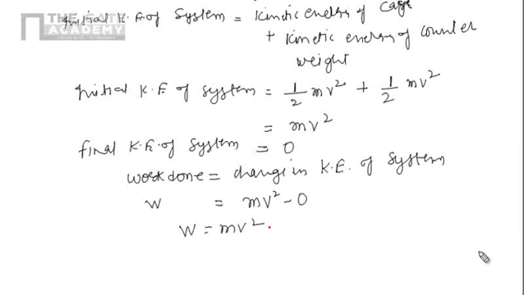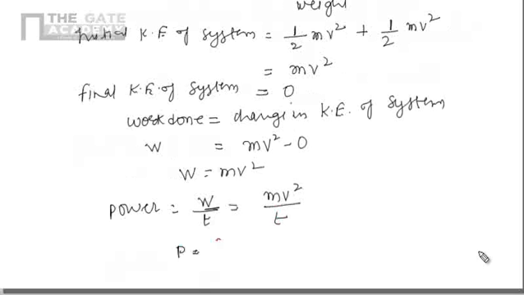But now we are interested in power. So power is nothing but rate of doing work, that is W by T, so mv square by T. So this one is the desired solution. The correct answer is P equals mv square by T.